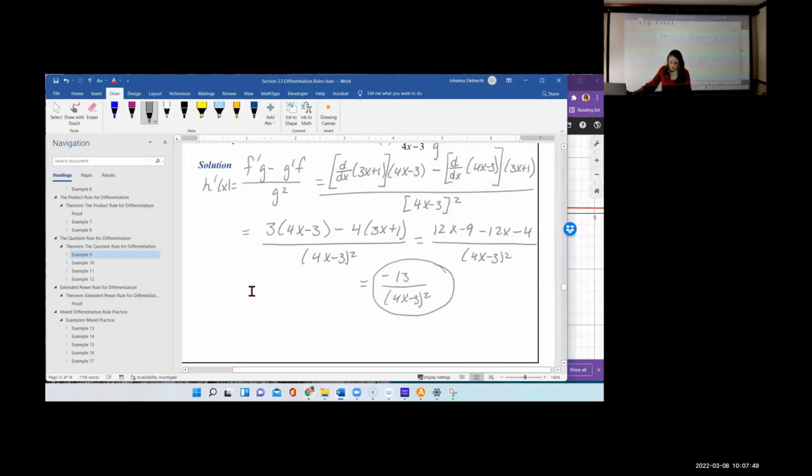If I take the point 1, 4 and find the tangent line, then I plug the 1 into the derivative function formula, which is right here. 4 times 1 would give me 4, minus 3 would give me a 1. 1 squared is 1, so the slope is -13. So this gives me the equation of the tangent line, y minus 4 equals -13 times x minus 1.